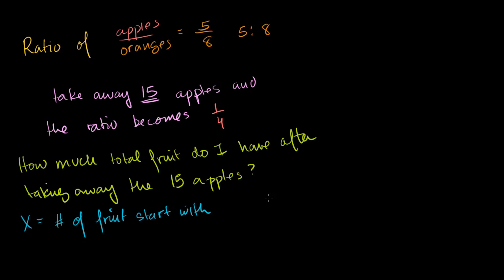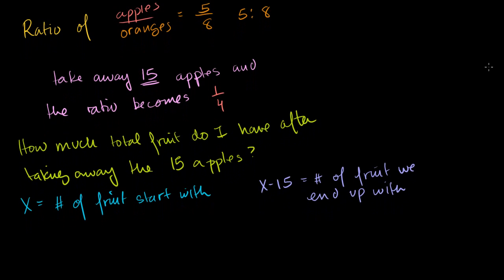So we know that x minus 15, we take away 15 apples, is equal to the number of fruit we end up with. We know these two things are true.